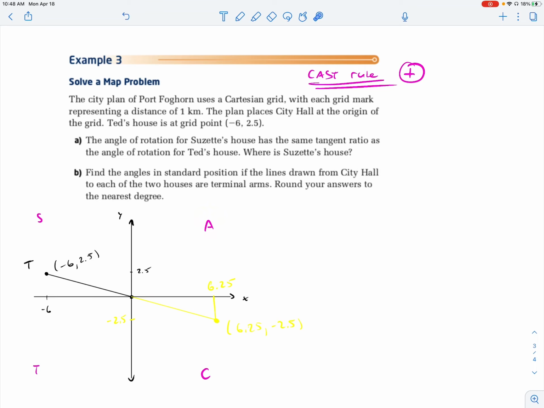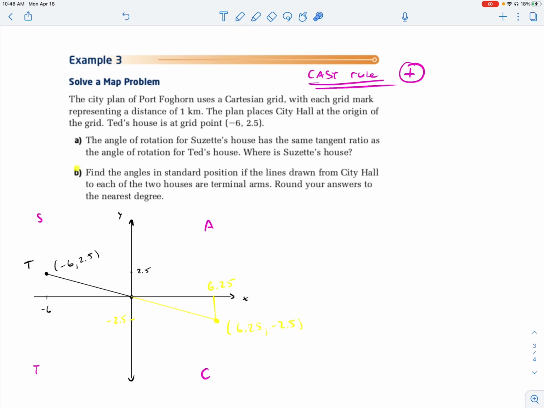What about this quadrant? Just sine is, because the y value is positive and x is negative. And then T, for tan, only tan is positive in this quadrant. This makes it really easy: using the CAST rule, you know where that other angle needs to be to find the trig ratio.